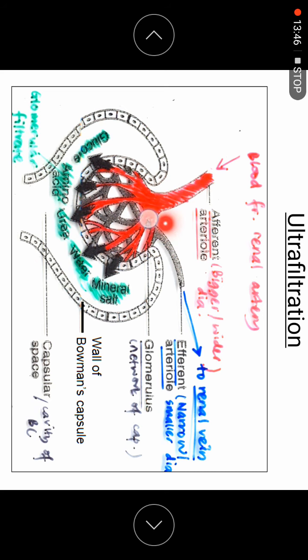The blood capillaries inside the Bowman capsule are called the glomerulus, a network of capillaries. This is the wall, and after that it will enter the cavity, the renal tube.